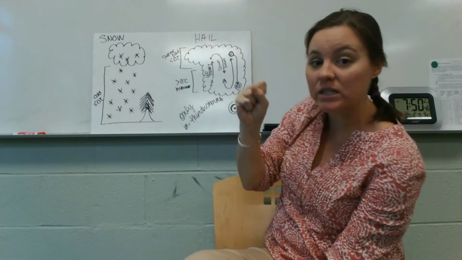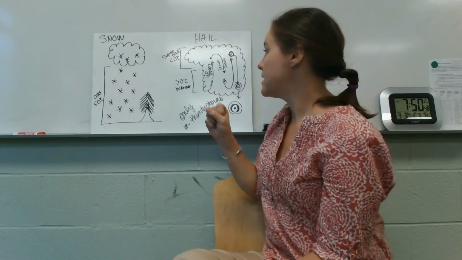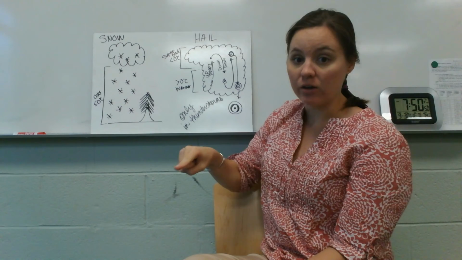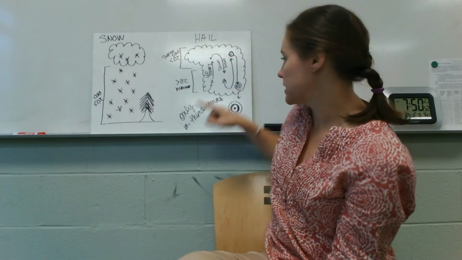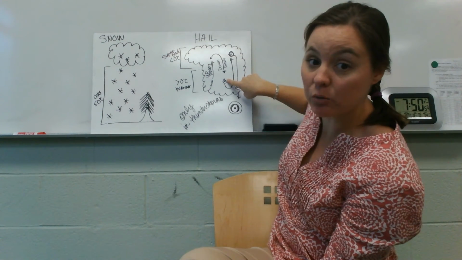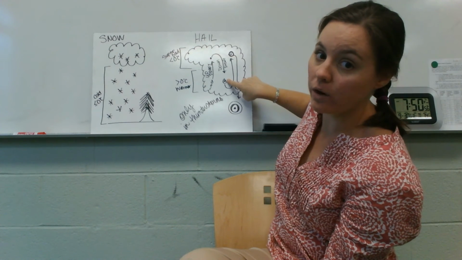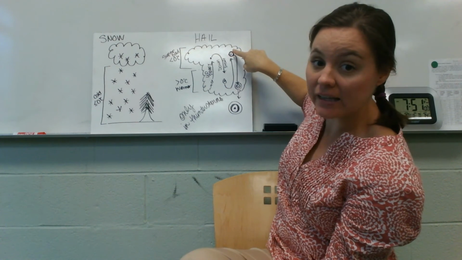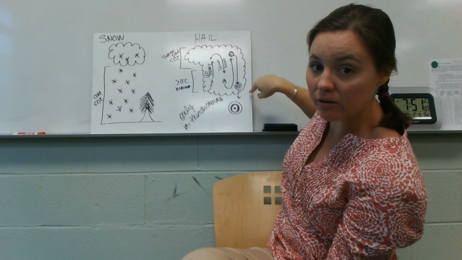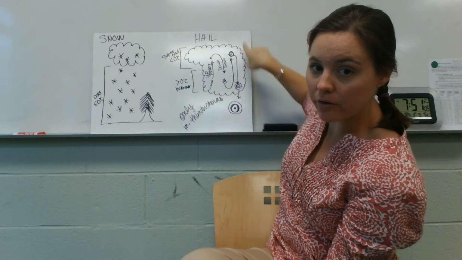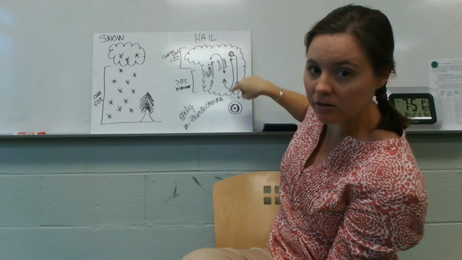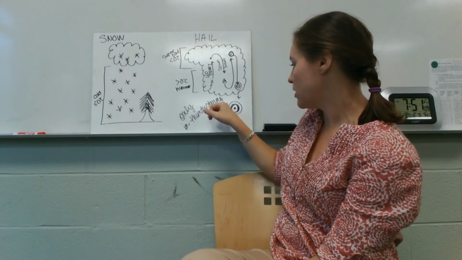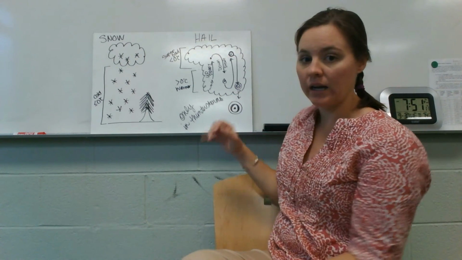And so it freezes into a little ball, and then a downdraft will take it down to the bottom of the cloud again where it gets a little bit warmer, and so it adds a little bit of liquid water around it. And then an updraft will pick it up again, and it freezes again, and then it goes down again and picks up another layer of water, and up again, and freezes again, and down again, until it gets too heavy to fall, and then it falls as a ball of ice.